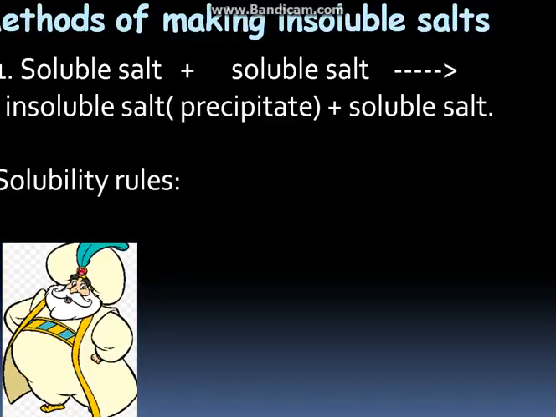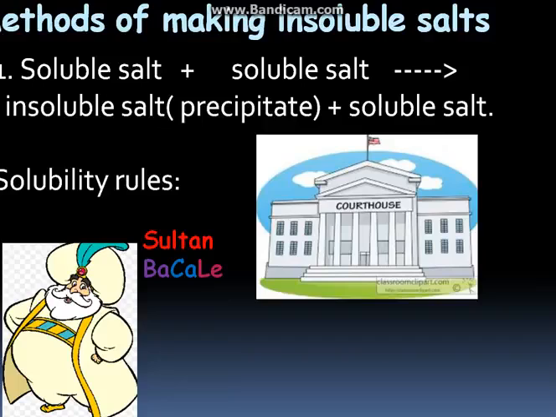I've made a mnemonic. I hope this mnemonic helps you. Now, who's this guy? Well, this guy is a sultan and his name is Sultan Bakali. So, Sultan Bakali, that's a quote. So, let's make a mnemonic.